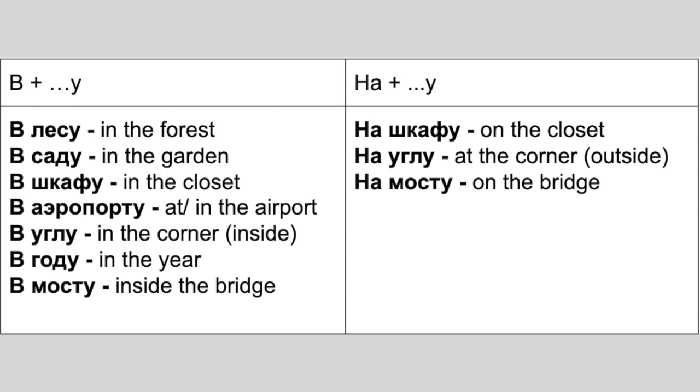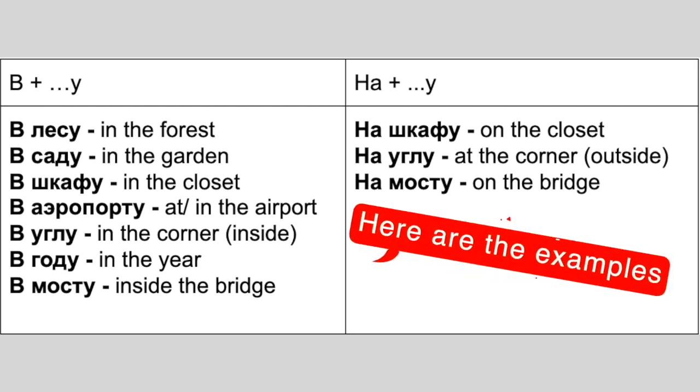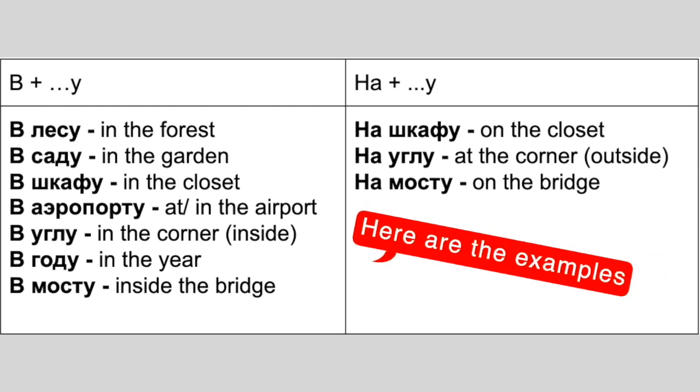Я в аэропорту. I'm in the airport. I'm at the airport. Then I can also think about угол. Угол is the corner. Я на углу means I'm on the outside of the corner. И я в углу, like I'm on the inside of the corner. Я в углу. I'll think about more words and I'll include all of the exceptions when we have prepositions в and на and the ending у.